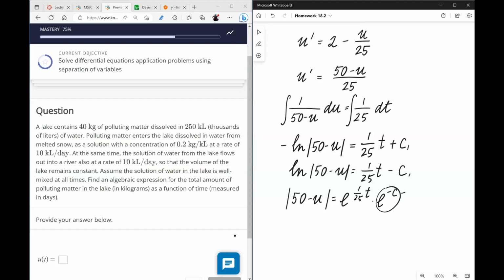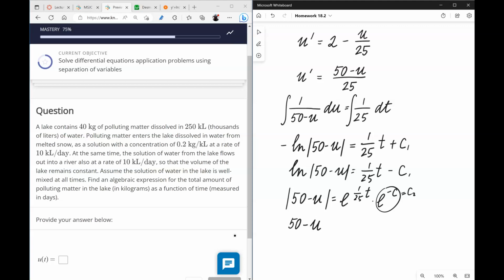So now we can call this c2. Let's get rid of the absolute value here.